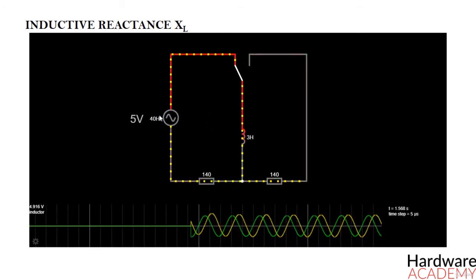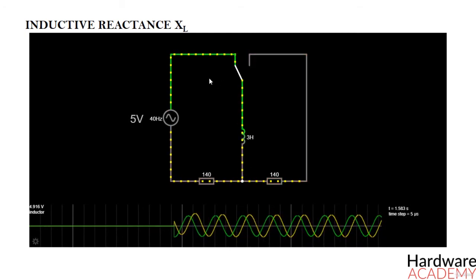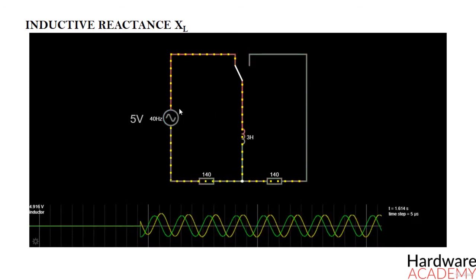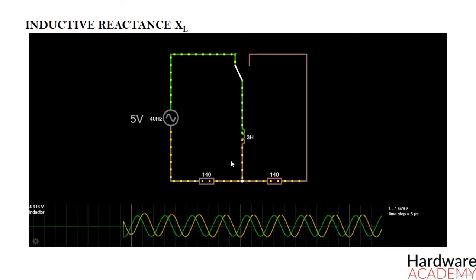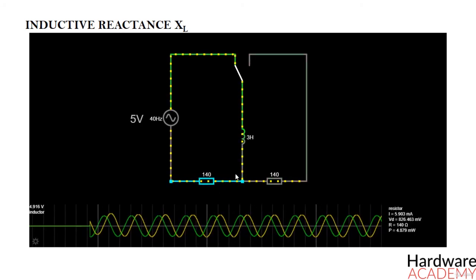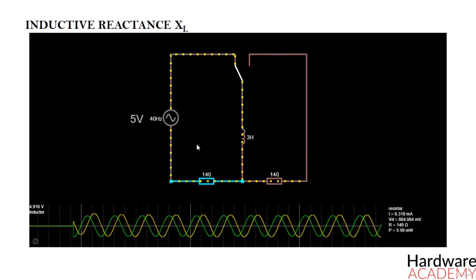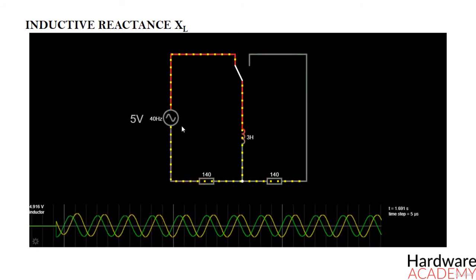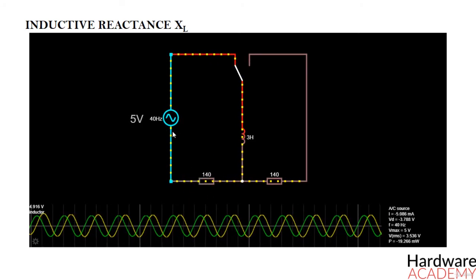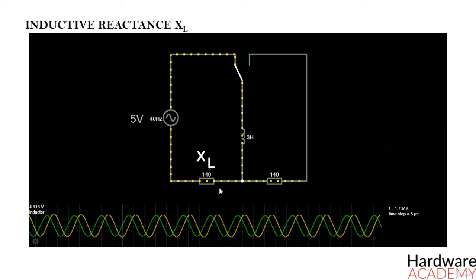The opposition to current flowing through a coil in an AC circuit is determined by the AC resistance, more commonly known as impedance of the circuit. But resistance is always associated with DC circuits, so to distinguish DC resistance from AC resistance, the term reactance is generally used.